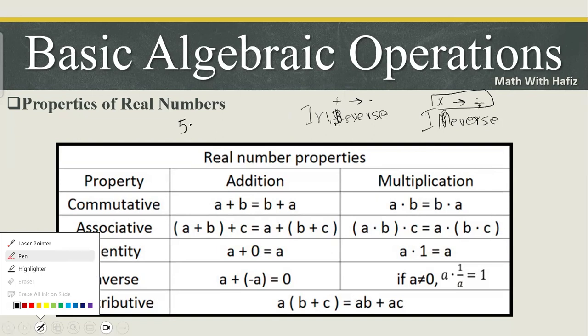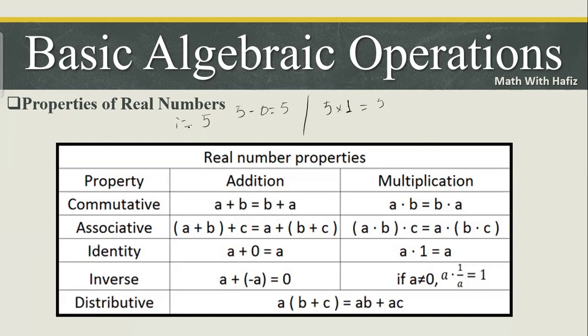All right. So if you have a number, digit 5, and you add this 5 with its additive inverse, which is -5, the answer should be 0. Same thing goes with multiplication.